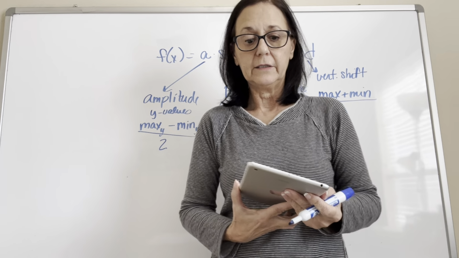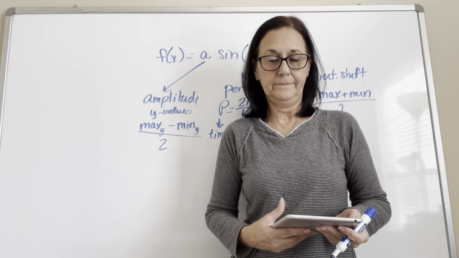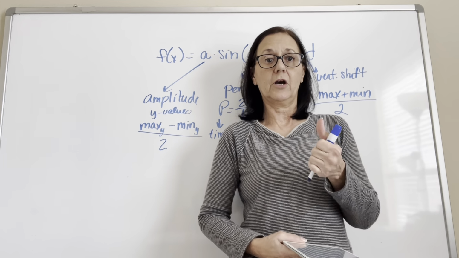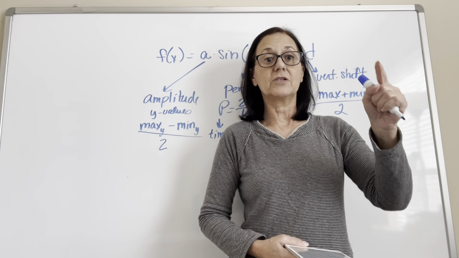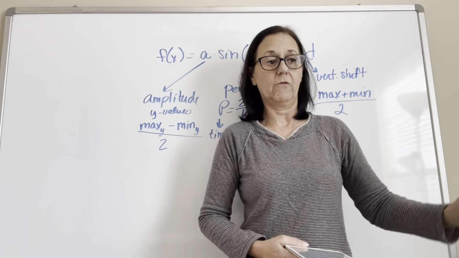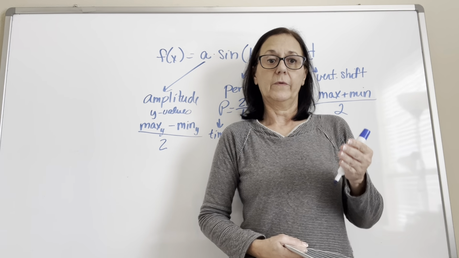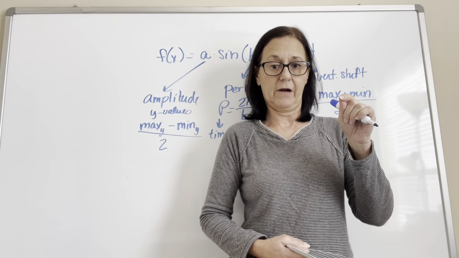When you look at that sinusoidal function, remember, the sine curve begins at 0, goes up to 1, back to 0, down to -1, and back to 0. When I look at that curve, when the x value is 0, it doesn't start at 0.